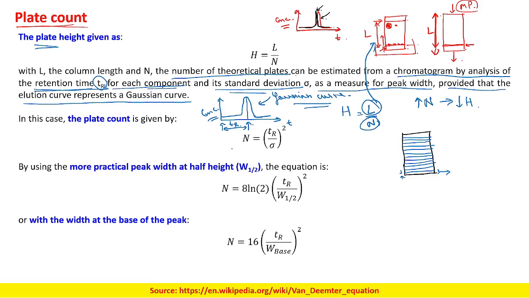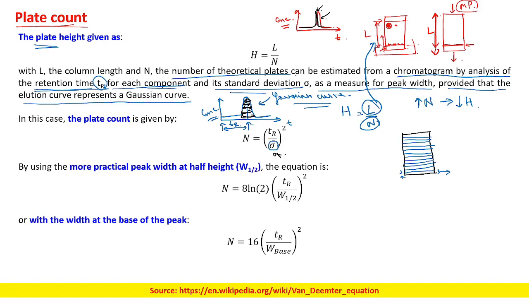Okay, now there is a standard deviation over here. What is this standard deviation? This standard deviation is nothing but the standard deviation of this peak from the average at each location. Okay, so if you measure the width and then you try to find out the standard deviation, that would be this standard deviation over here.